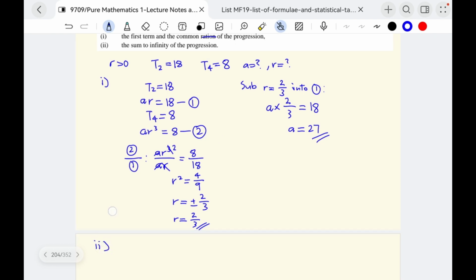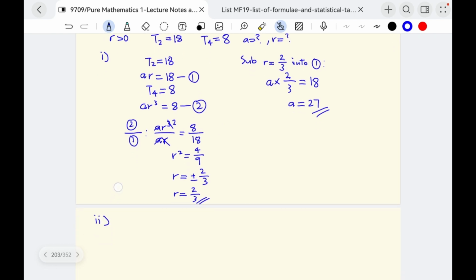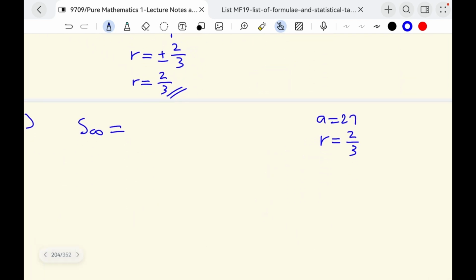Part 2. The sum to infinity of the progression. So S infinity is equal to, what is A? 27. R is 2 over 3. It is valid to use the sum to infinity because the modulus of R is less than 1. So it is 27 divided by 1 minus 2 over 3.